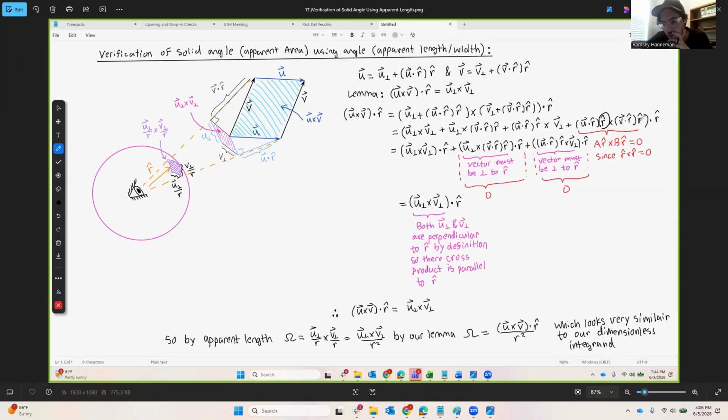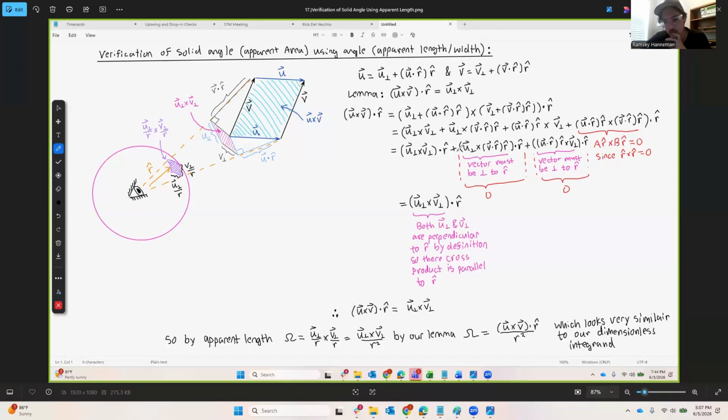R hat cross r hat has got to be 0 because r hat and r hat are in the same direction. Uh-huh. And the cross product puts parallel items to 0 because there's no parallelogram area being enclosed if 2 vectors are parallel. So that component goes by very nicely.